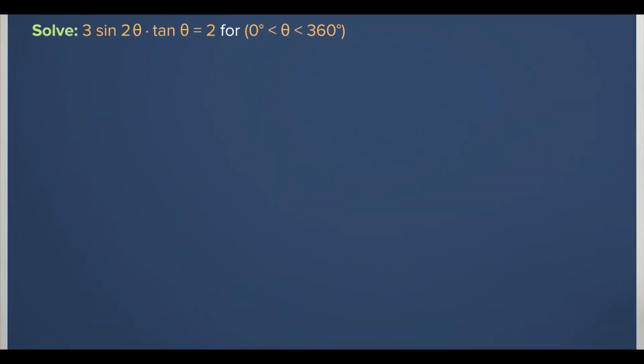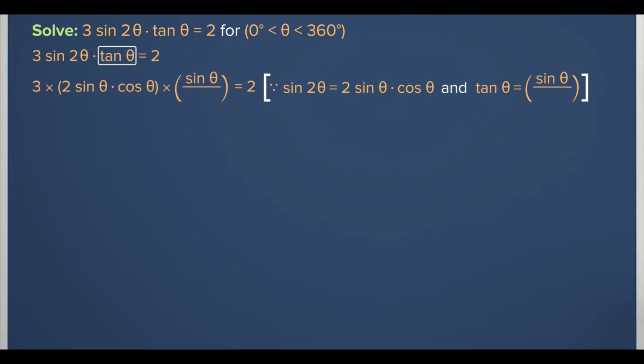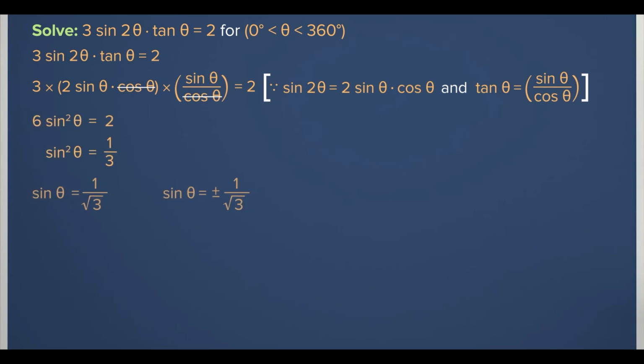Before using the three-step procedure, we need to simplify the provided equation to the simplest form, replacing sine 2 theta with 2 sine theta times cosine theta and tangent theta with sine theta over cosine theta, and by cancelling the cosine theta, we will get the expression as such. Now, we need to be more meticulous while taking the square root of sine theta in this case.